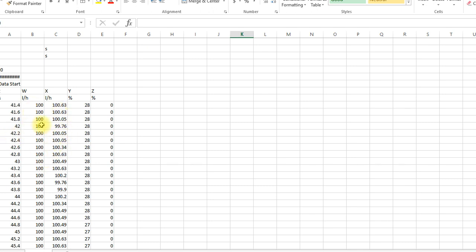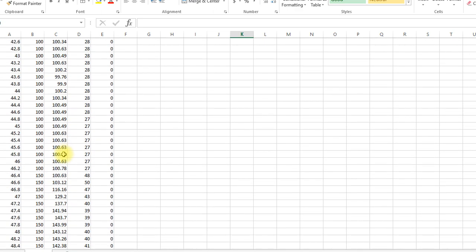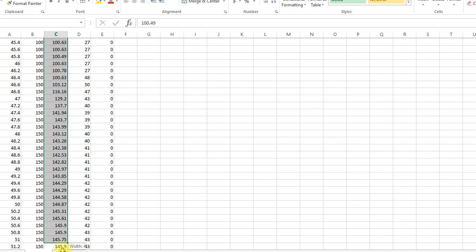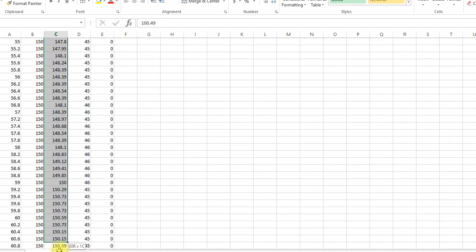So 100 and 100, the set point and real variable are almost the same, and here we give the set point change, so 100 to 150. So if you want to plot, you can plot from here, and it's taking some time to reach the set point. Now it's reached the set point.